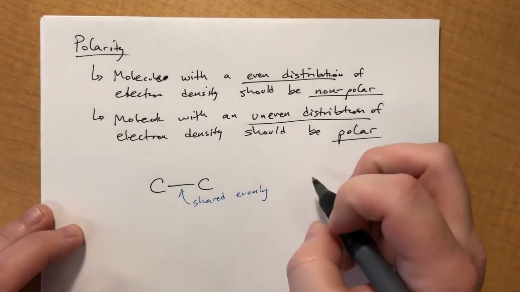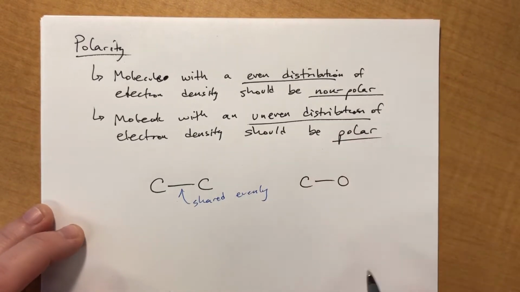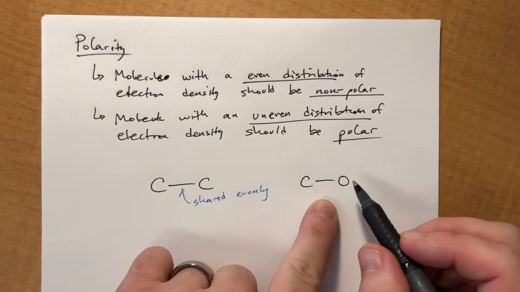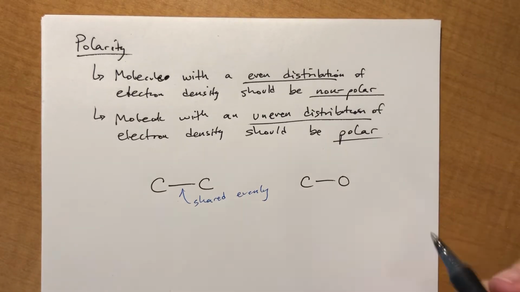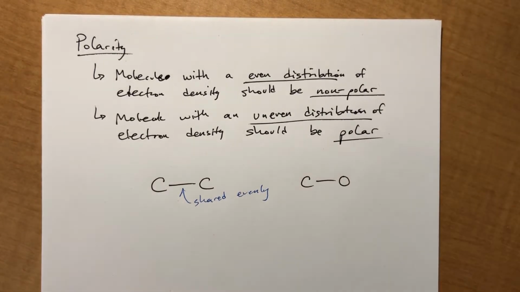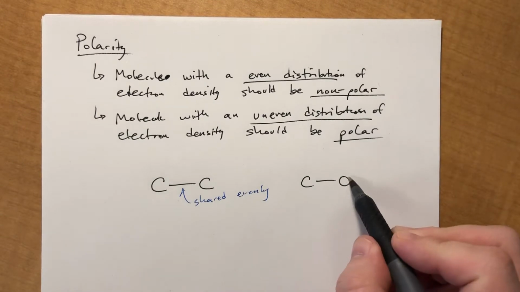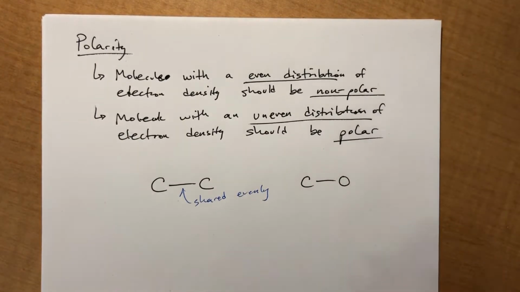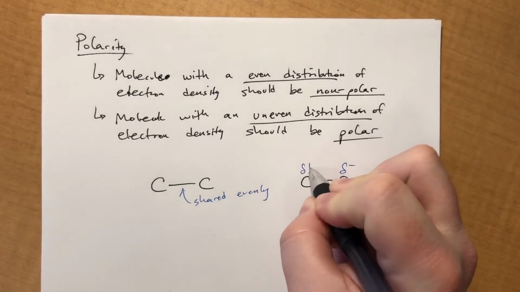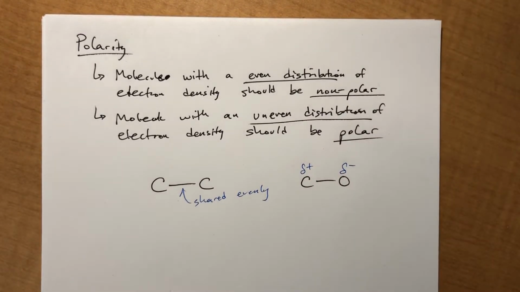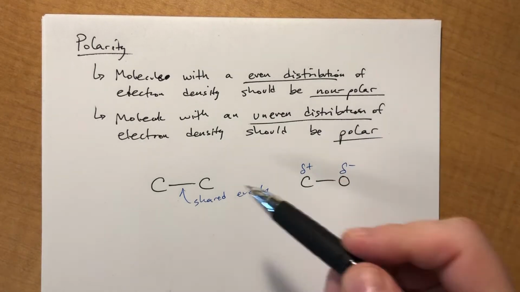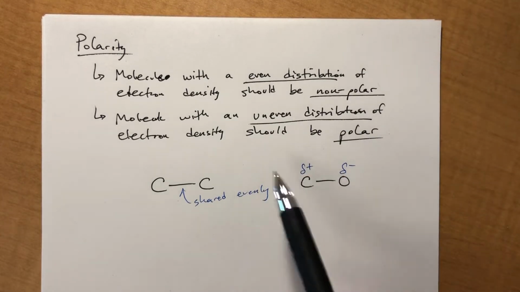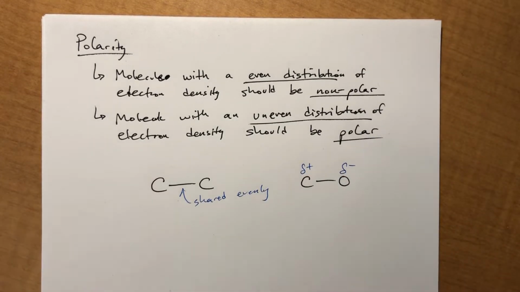If you have two things with a difference in electronegativity, the one with the higher electronegativity, oxygen is closer to fluorine, so it should have a higher electronegativity, the electrons are not going to be shared evenly. The more electronegative one is going to pull harder on these electrons, and you'll end up with a partial negative and a partial positive. So honestly, what we're mostly looking at is how symmetrically the electrons are distributed.